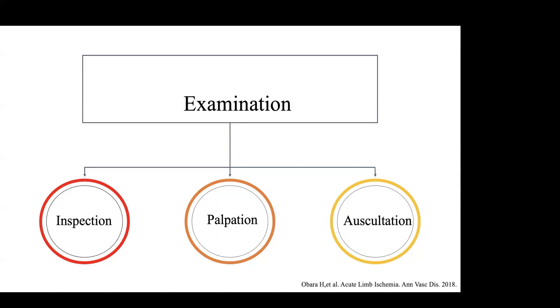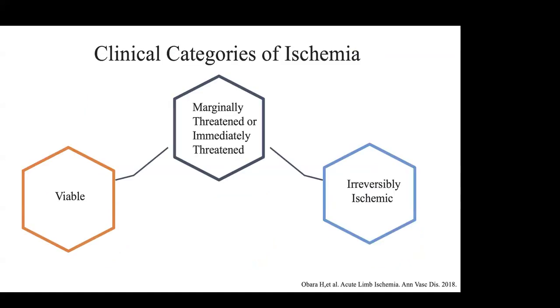The next will be neurological examination to look for sensory loss, and auscultation, where there may be a bruit which can be heard over the artery because of the turbulent blood flow beyond the stenosis. So these are the examination findings to look for.